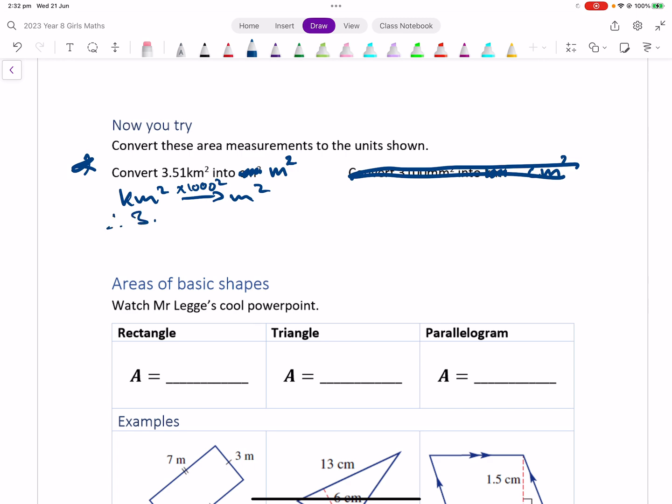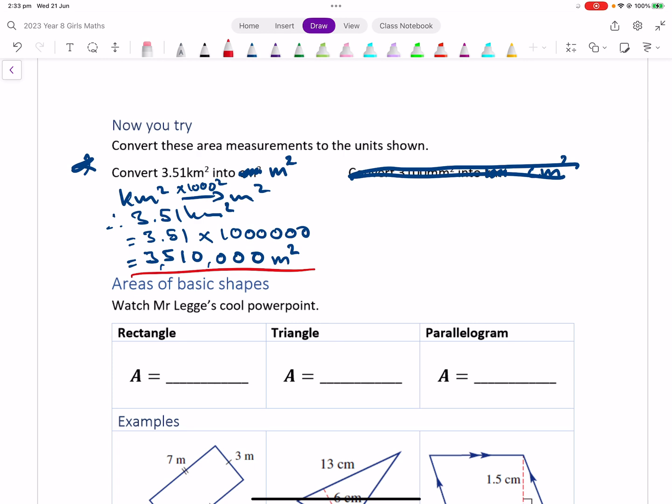So 3.51 kilometres squared equals, actually I might put my equals down on the next line, equals 3.51 times 1 with 2 lots of 3 zeros, which is 1,000,000, which is 351,000. And we've moved our decimal point 6 places because there are 6 zeros and the unit is metres squared.